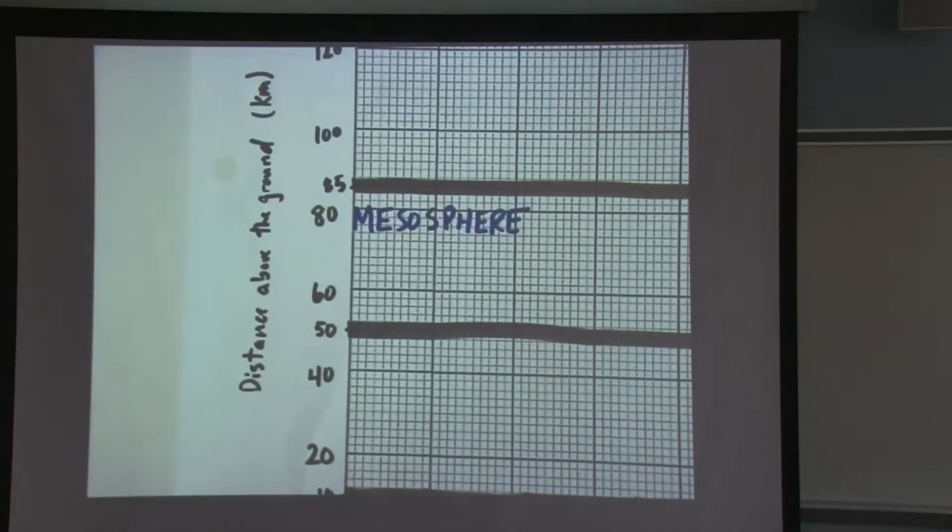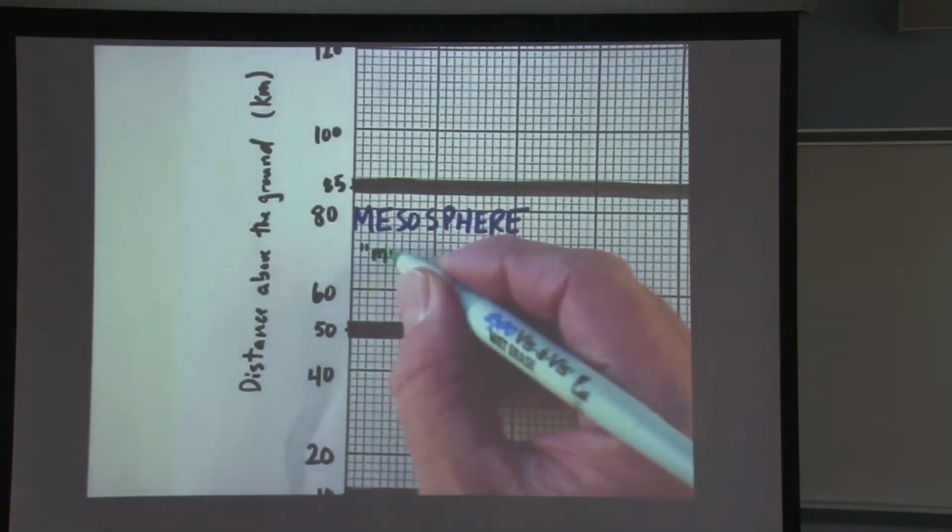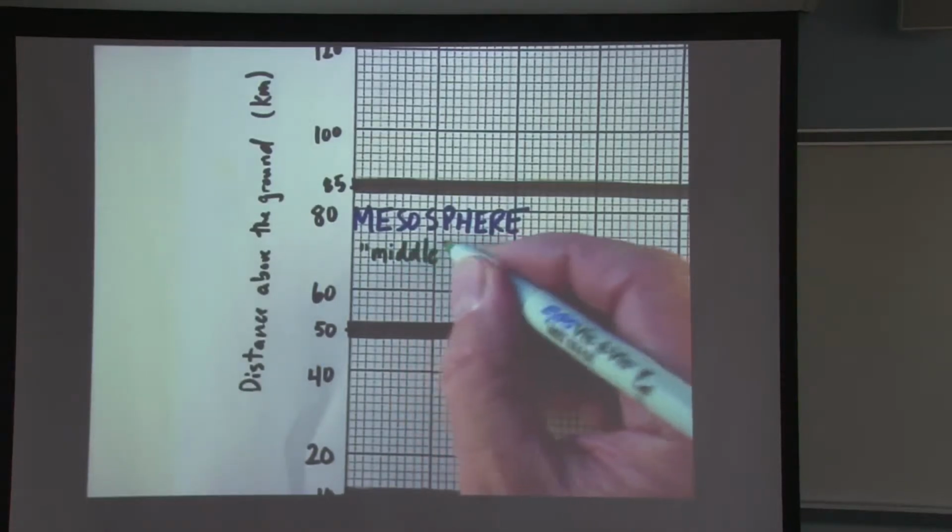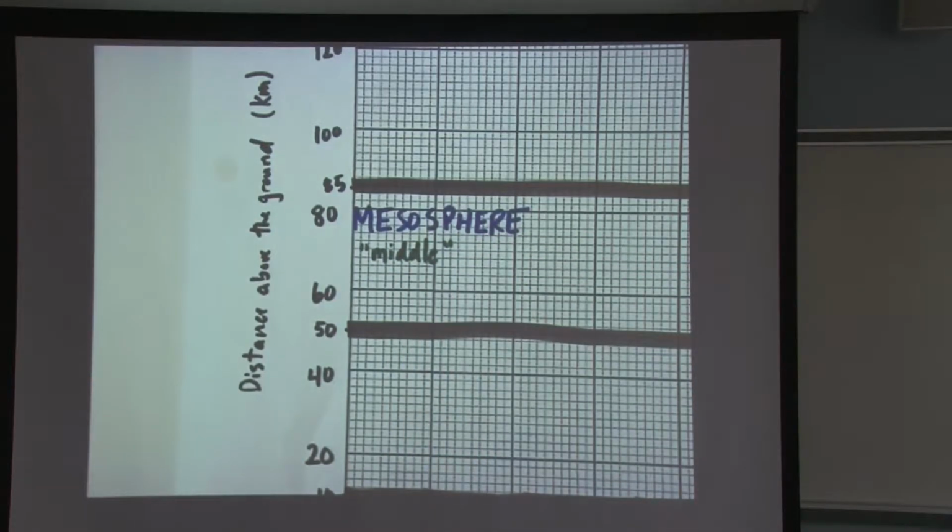Soft is a little letter P, that's piano. But if you want it to be a little louder than soft, or a little softer than loud, somewhere in between, you would put an M for mezzo piano, mezzo forte. There are singers who sing very high who are sopranos, and those that aren't quite as high are mezzo sopranos. So mezzo is just a prefix for middle. It's the middle sphere.